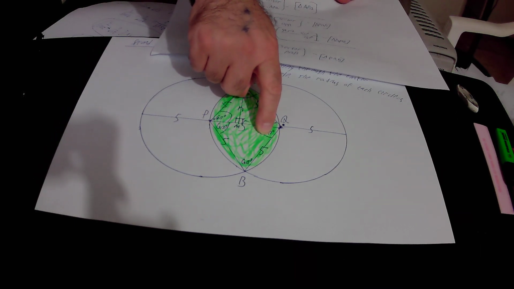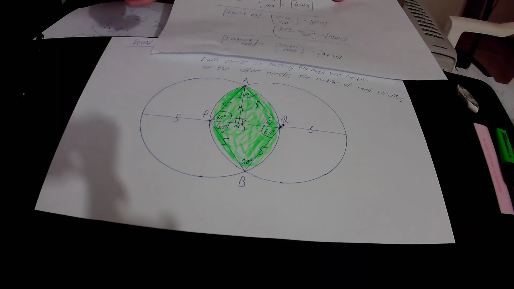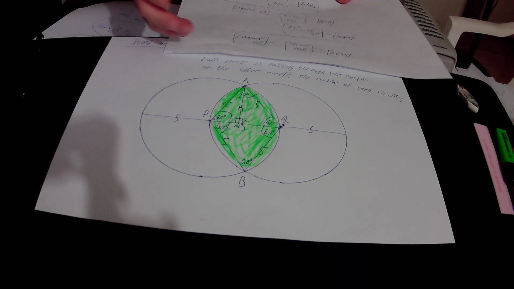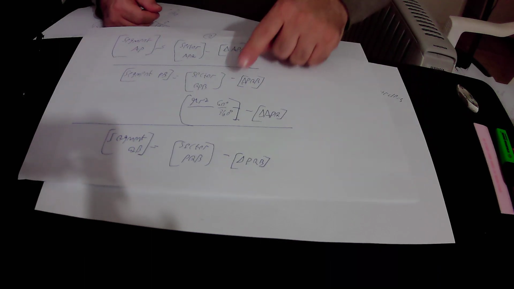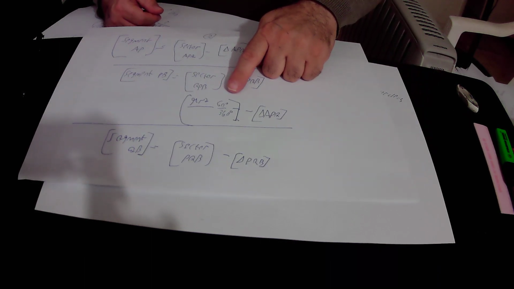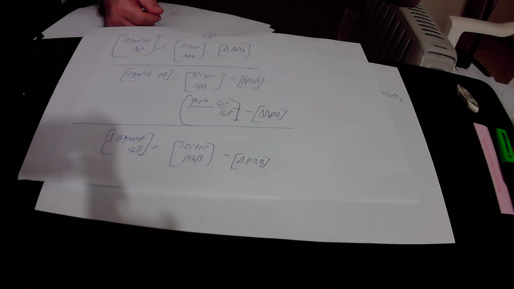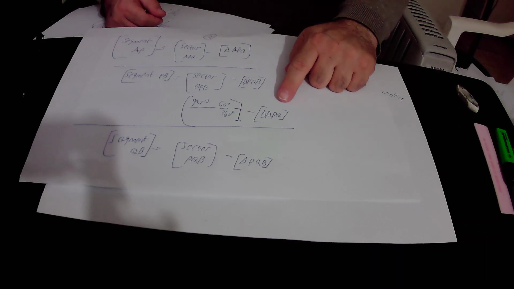It has 60 degrees and the same radius, so it will be the same area as the other sectors: pi r squared times 60 degrees over 360 degrees, exactly like the area of sector APQ, minus the area of triangle APQ.